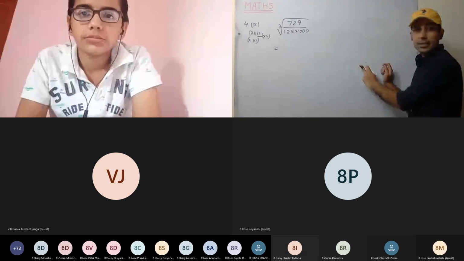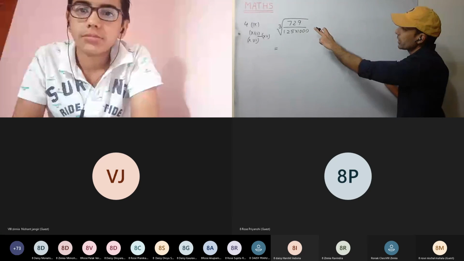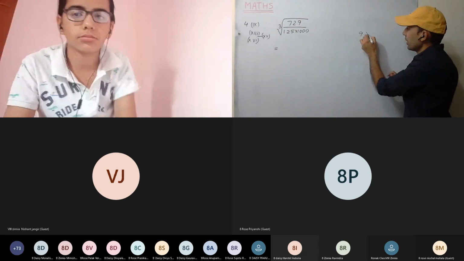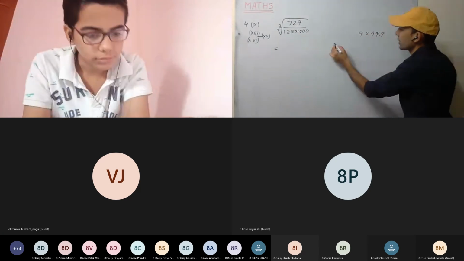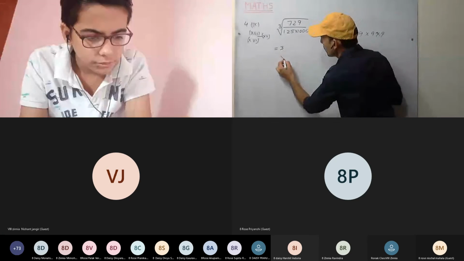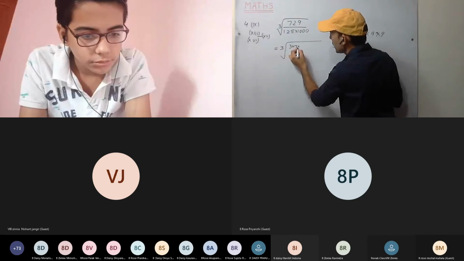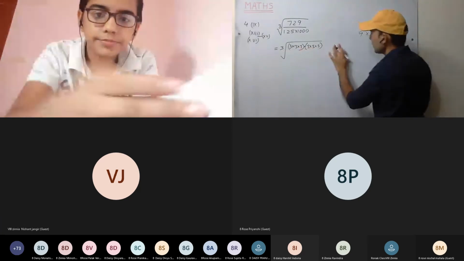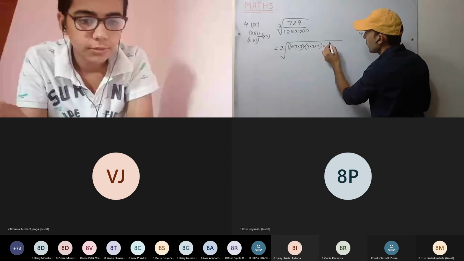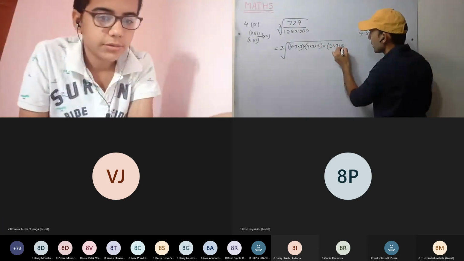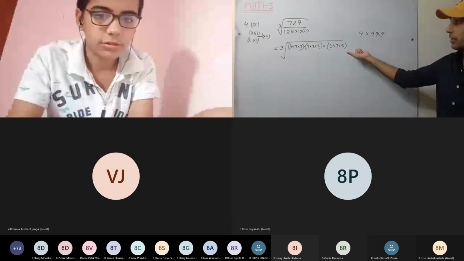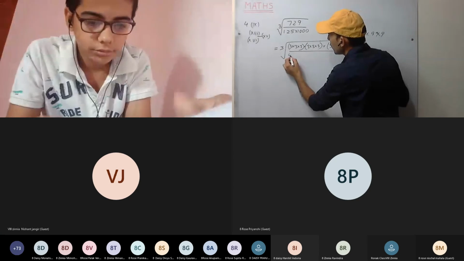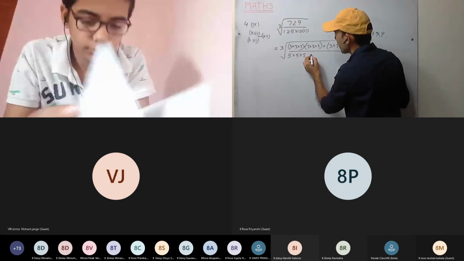Okay, now see here. 7 to 9, again factorize it. You get it in terms of 3, all the factors are 3. So it is the cube of 9, 9 into 9 into 9. You'll be getting the cube root of 3 into 3 into 3, 3 into 3 into 3, 3 into 3 into 3, divided by 5 into 5 into 5.